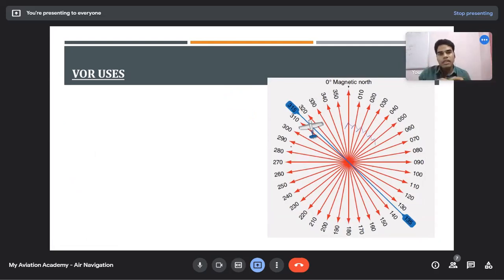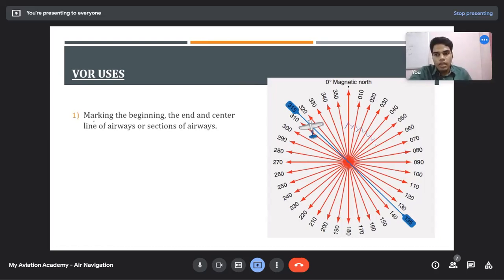Whichever rope the aircraft catches, that is the bearing, and that bearing is depicted on the aircraft. The pilot knows what bearing they are at, and can easily identify which way to go to the airport. This is how the VOR functions, in simple layman terms.